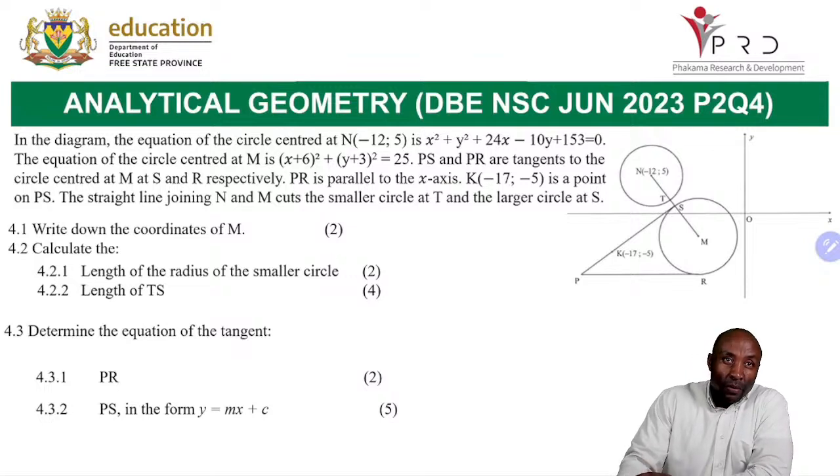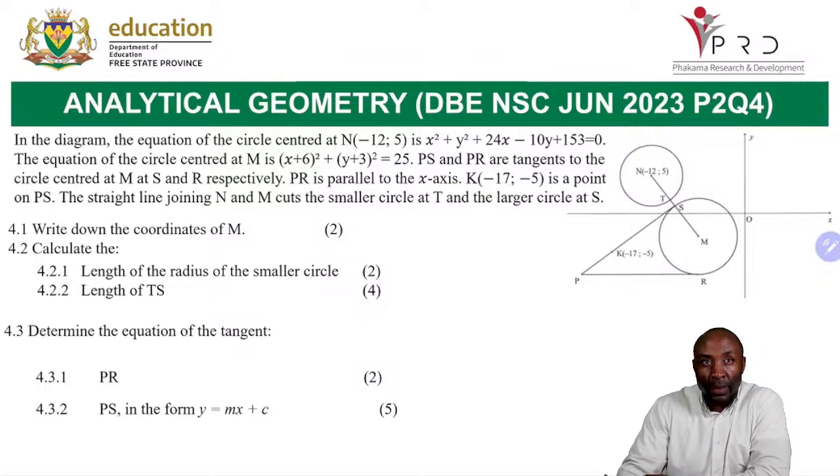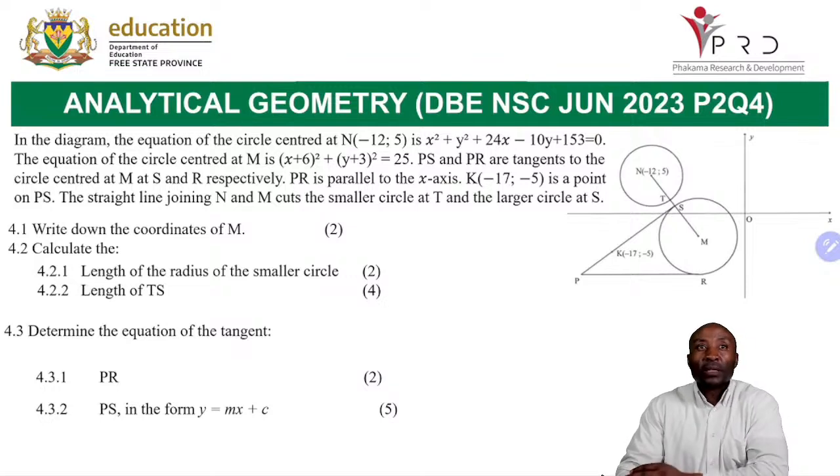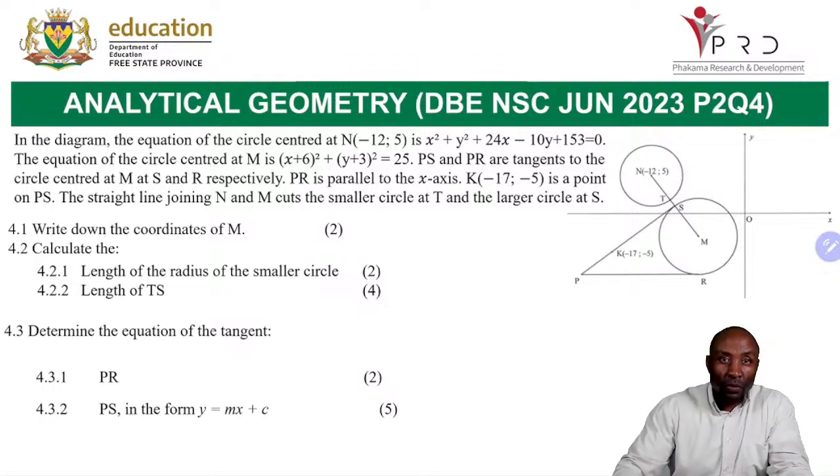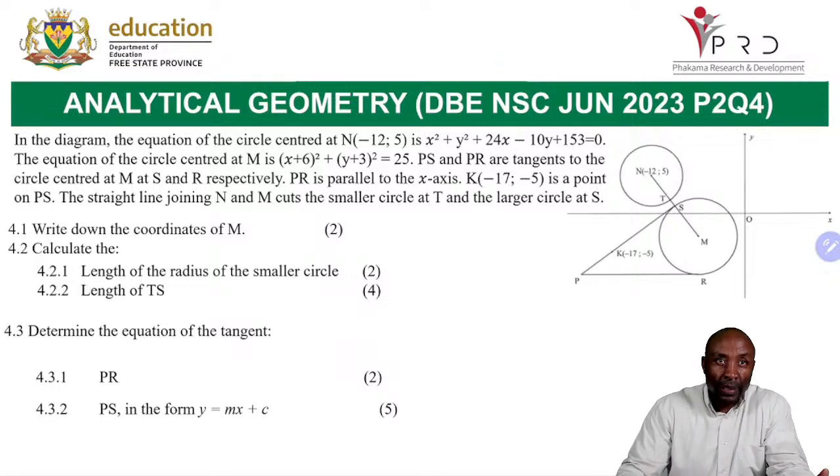Remember, try to practice. If you give yourself a target, today you are doing analytical geometry, do both question 3 and 4 from different years, so that you are able to mark and see how much you are getting. There are a lot of questions from the exam bank. Please, let's practice. For paper 1, you balance up the questions.